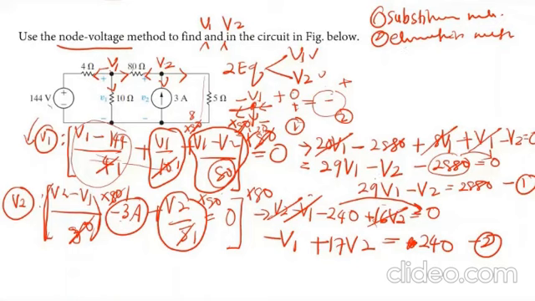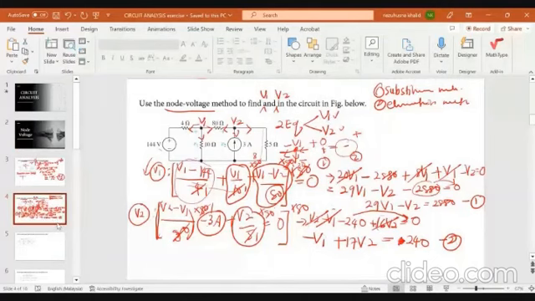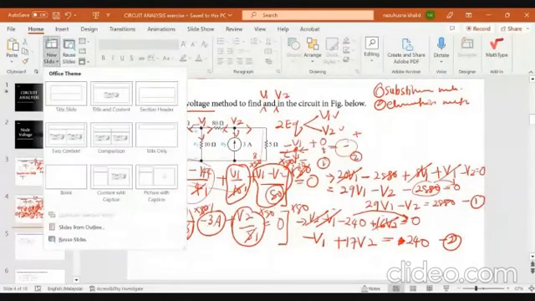Okay, let's say here you want to use the elimination method. I go to the next page. Okay, let's say you have equation 1, which is 29V1 minus V2 equal to 2880.